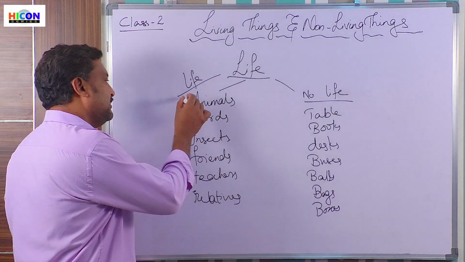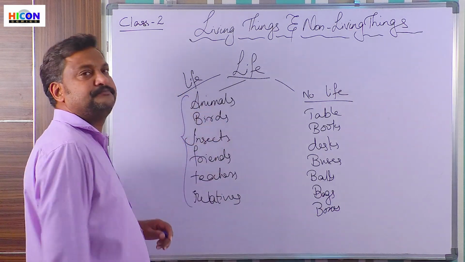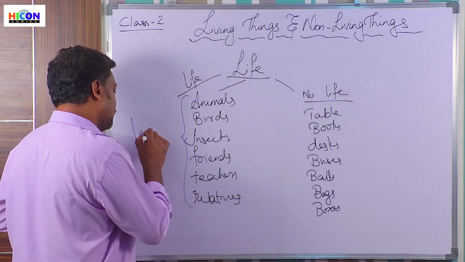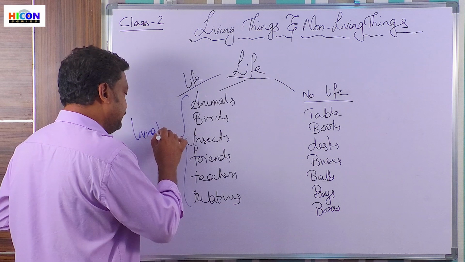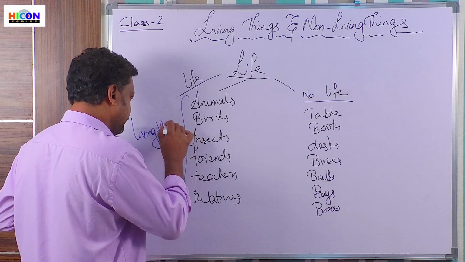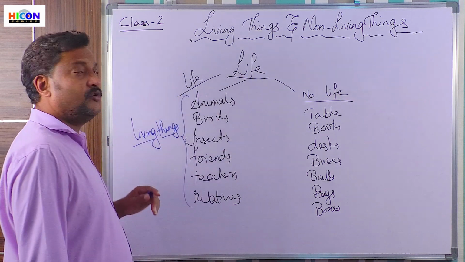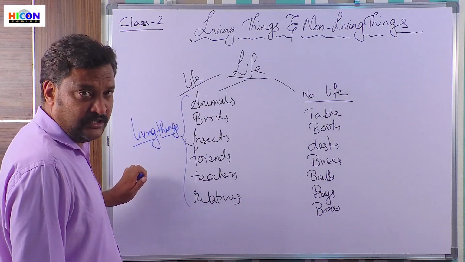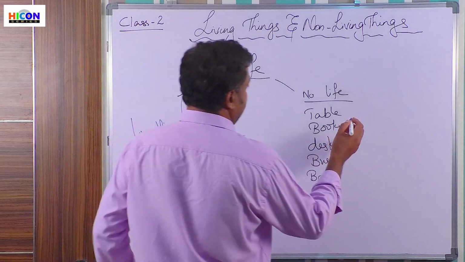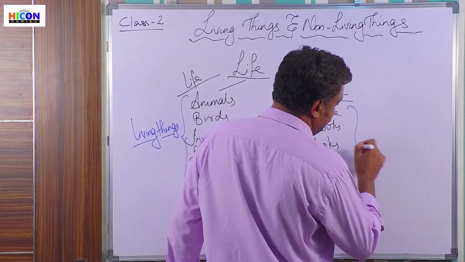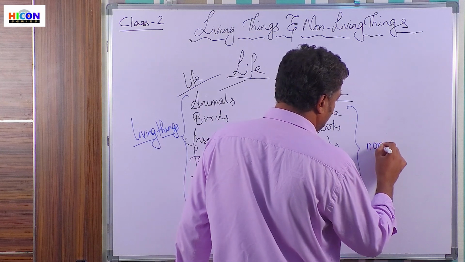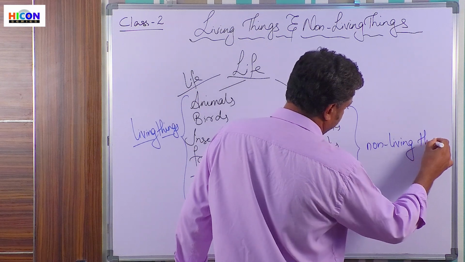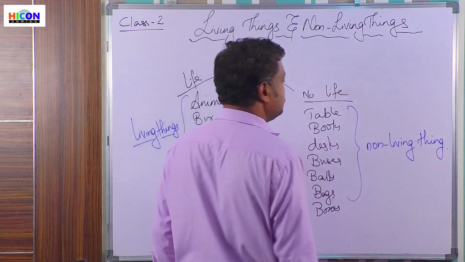Those things which have life in them are called living things. So what do we call them? Those things which have a life in them are called living things, and those that do not have a life are called non-living things.